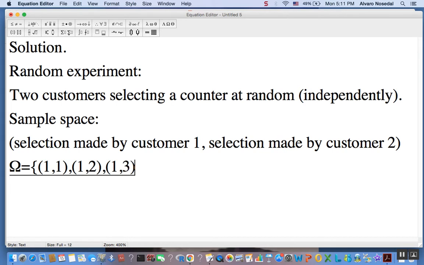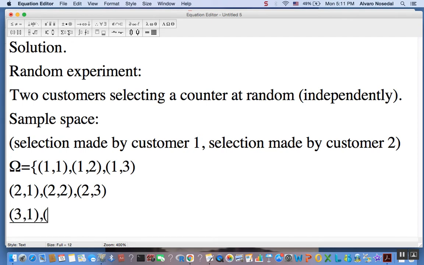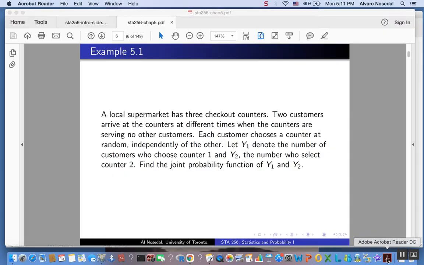So now you can clearly see that our sample space contains the following 9 points. Those are all the possibilities that we have. Let me quickly go back to the slide, to the statement of the problem.